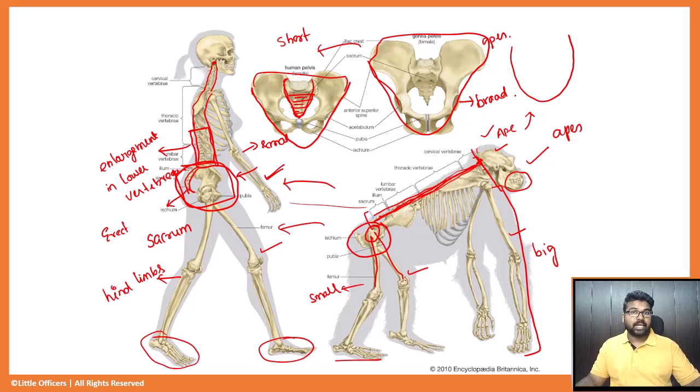That is the reason why in chimpanzees and all, because of the positioning of the femur bone, when they are walking in an erect posture, they will move like this. There will be this kind of movement. But in humans, we don't have this kind of jumping movement because our femur bone is set at such an angle that even if we walk, this doesn't happen. In chimpanzees it is stiff and straight.